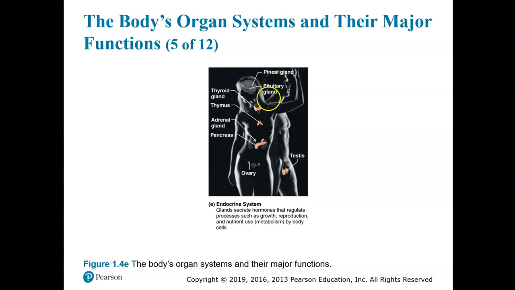The pituitary gland produces many, many hormones that help regulate levels of other hormones in the endocrine system. The thyroid gland produces thyroid hormones, and it also contains calcitonin, which helps regulate calcium levels in the blood.